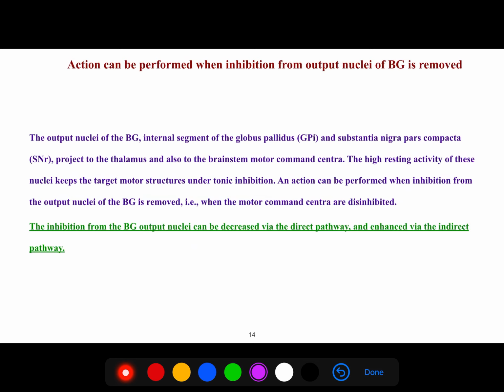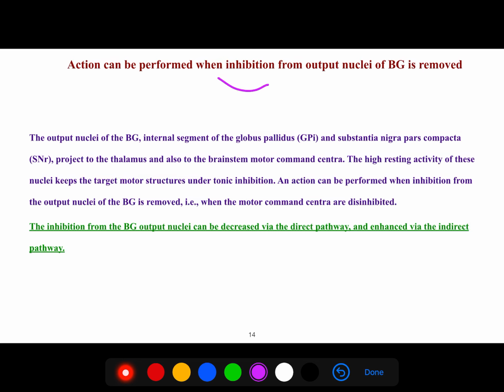Action can be performed when inhibition from output nuclei of basal ganglia is removed. Whenever the inhibition is removed, the action is performed. Very beautiful. The output nuclei of basal ganglia, internal segments of globus pallidus and the substantia nigra pars reticulata, project to the thalamus and also to the brainstem motor command centers.